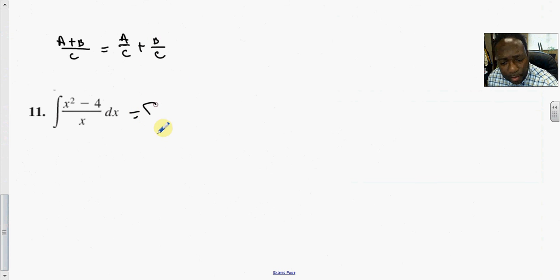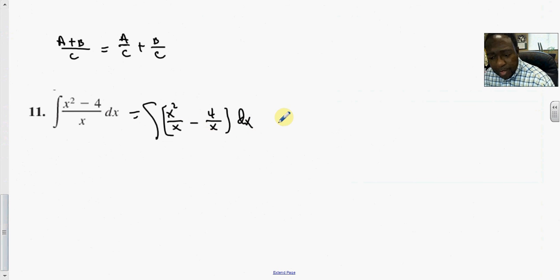Well, we use that here. This is the integral of x squared over x minus 4 over x dx. Now that x squared over x can be simplified to just x, so this is the integral of x minus 4 over x dx.